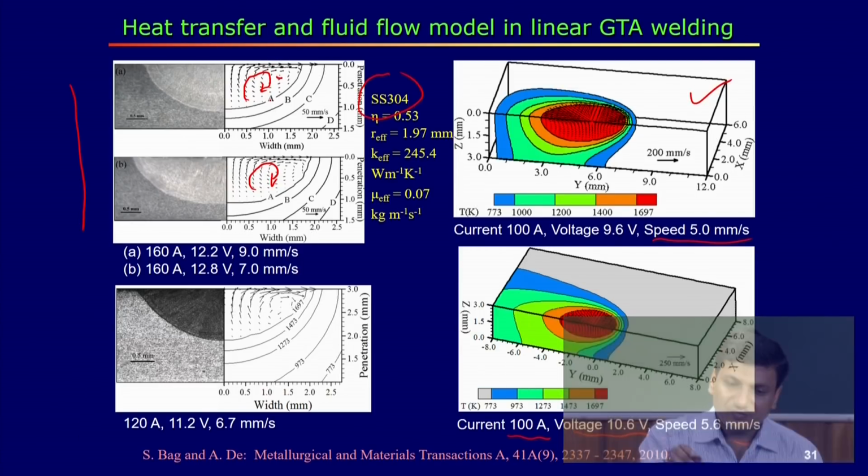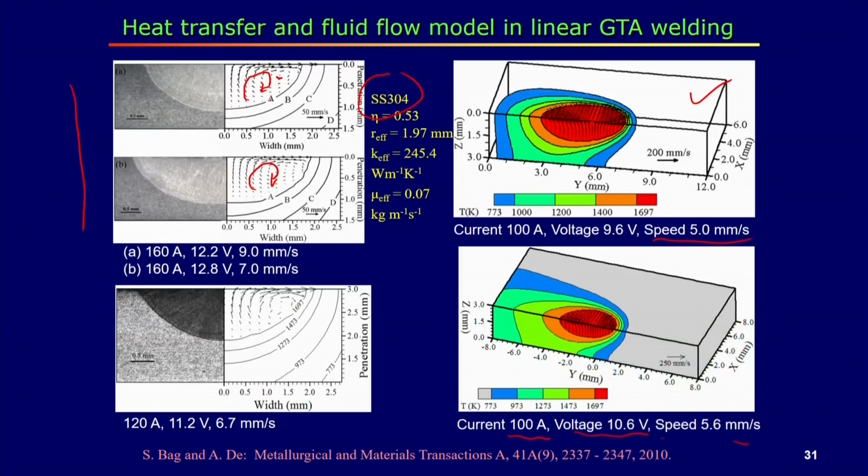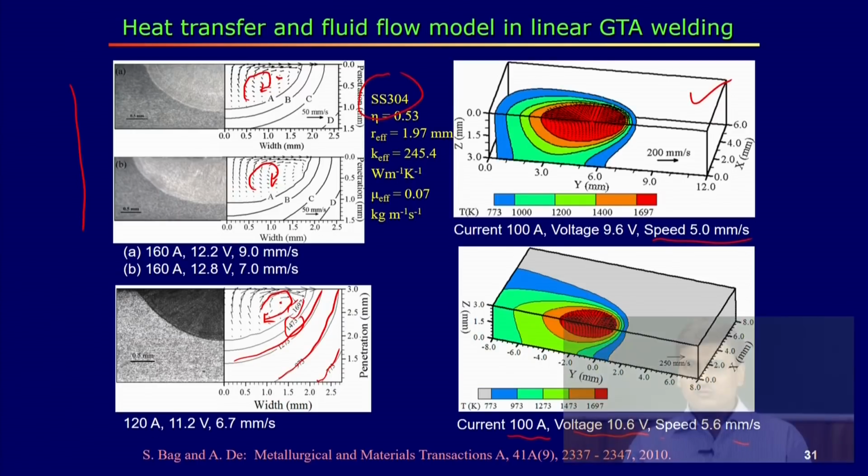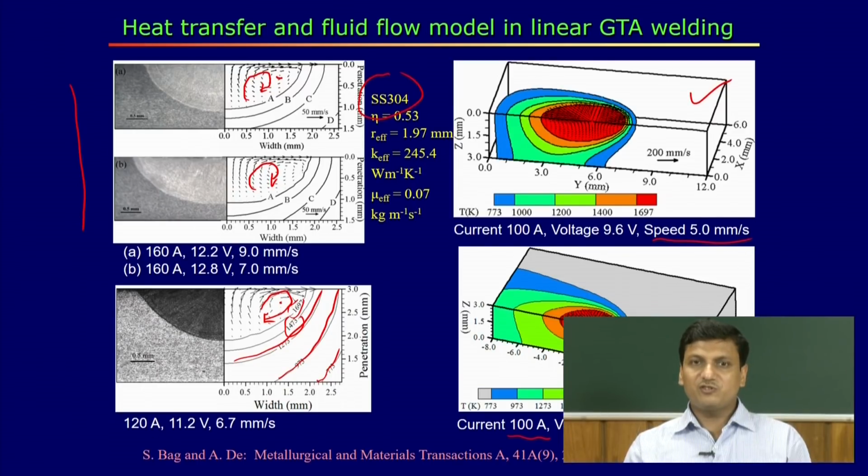Similarly we can see here also. This line represents the constant temperature contour. So, it is possible to solve the conservation of mass, momentum, and energy, predict the temperature and velocity field, and compare with the experimental data.